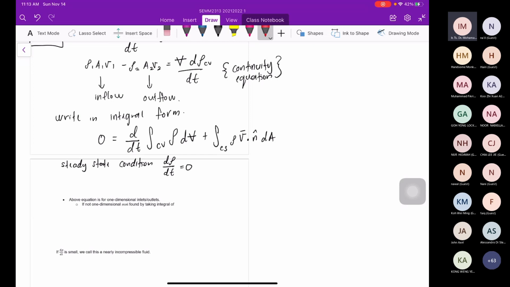So we can cancel out the whole of this term. What we are left with is basically only the control surface term.